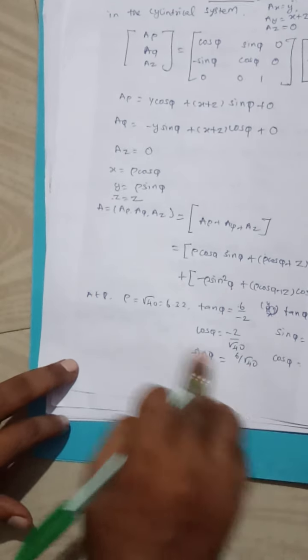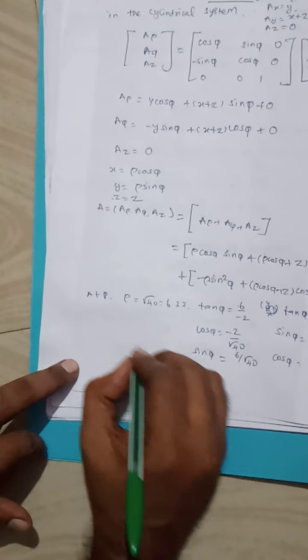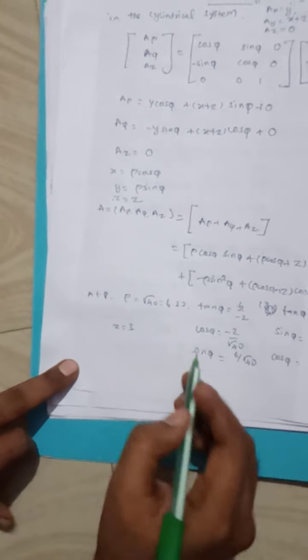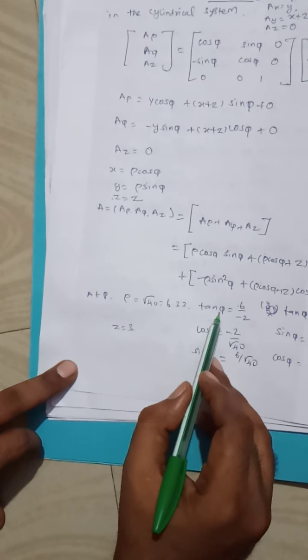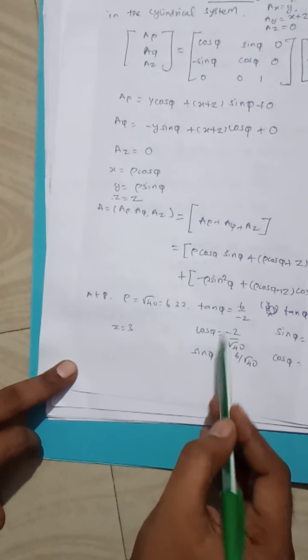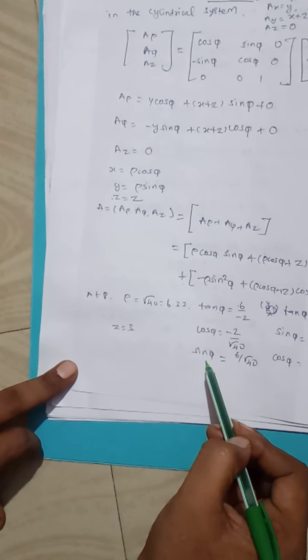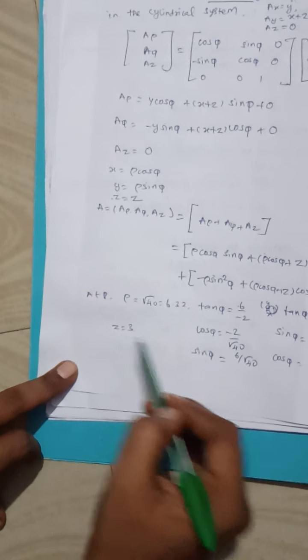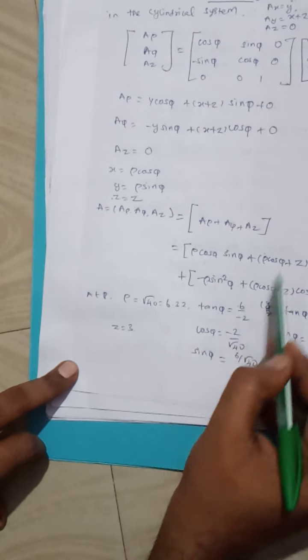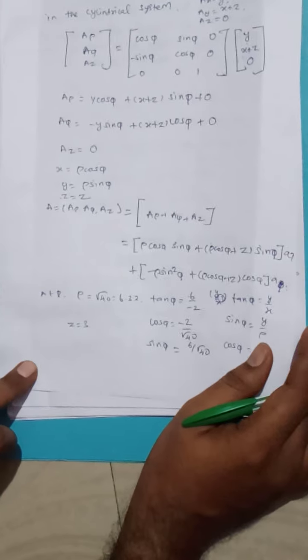So the value of z is the same as 3. So you got that rho value, you know the phi value, or else simply substitute the phi value you already got, right? That can be substituted here, and so you get cos phi and sin phi. So z value you know that. So all the values should be substituted in this expression. Sorry, something is not visible, right?